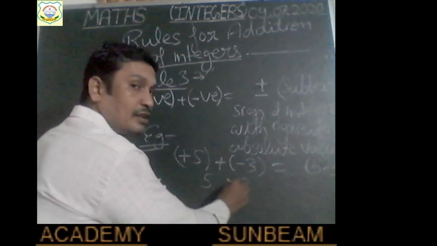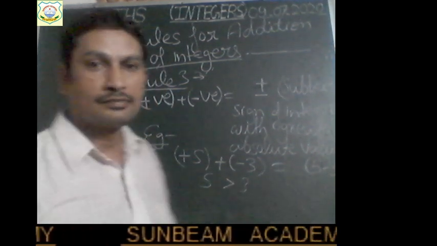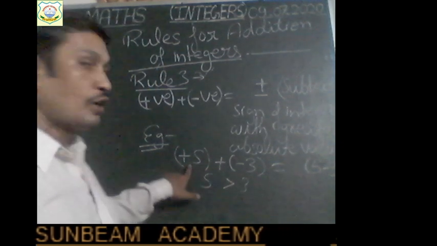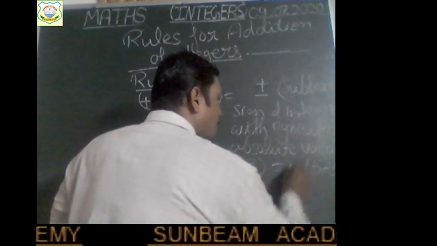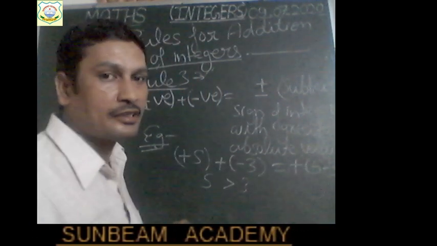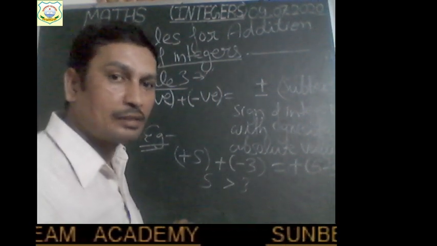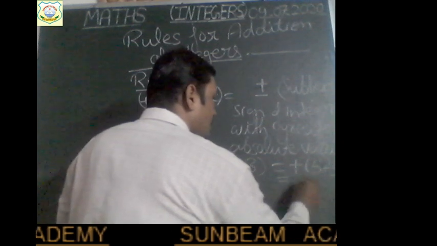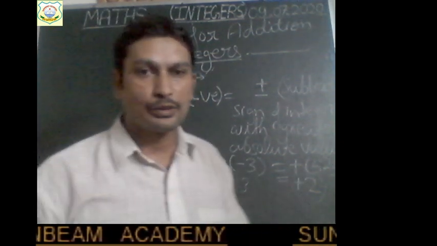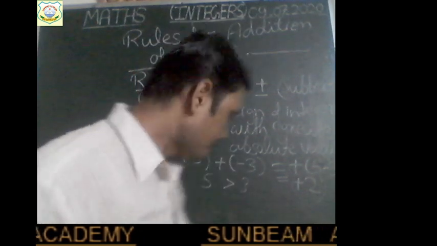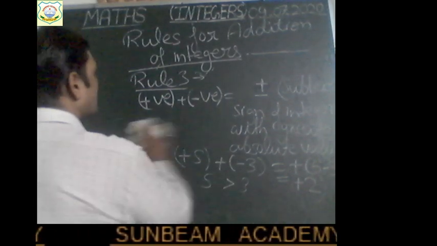So which one is greater? 5 is greater, right? So you will put the sign of the positive integer only. So write the plus sign outside and subtract. So what will you get? Plus 2. You have a profit of plus 2. Right, children? Let us take another example.